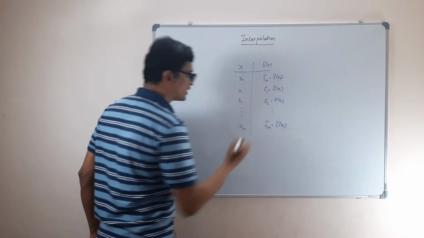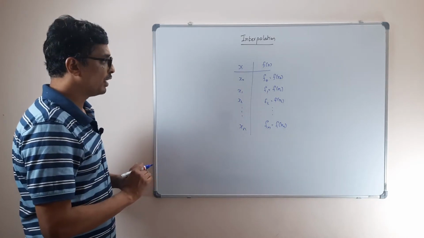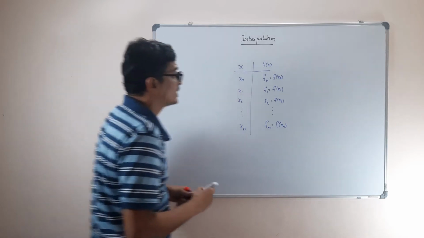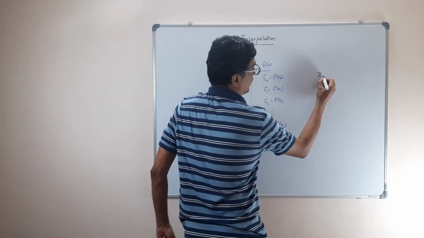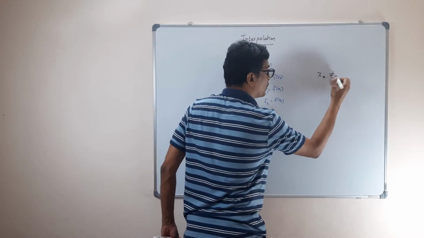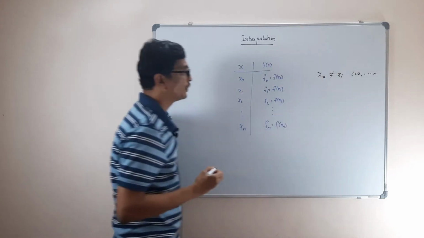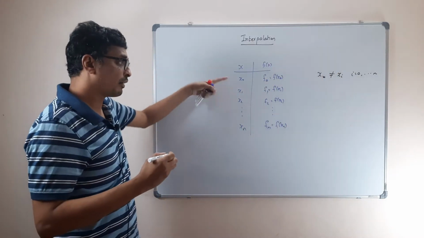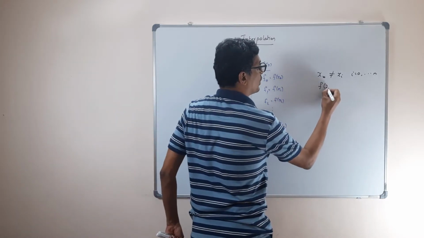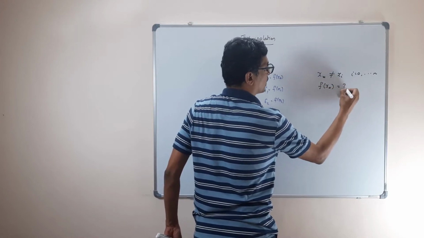So we have this data, and now I want to find the behavior of the system at a certain x star, where x star is not equal to xi, where i equals 0 to n. If I have not performed the experiment at x star, I want to know the behavior of my system, or the function, at x star.